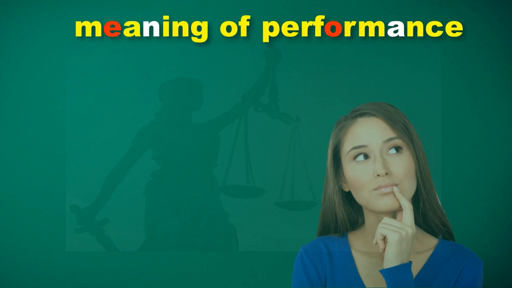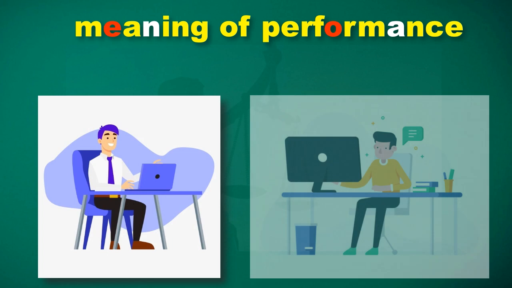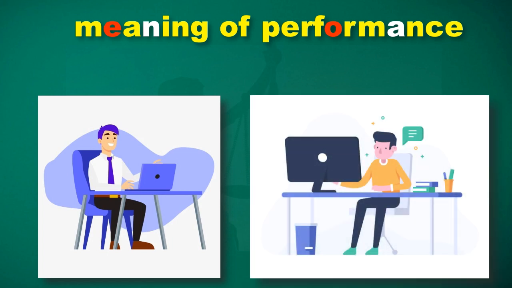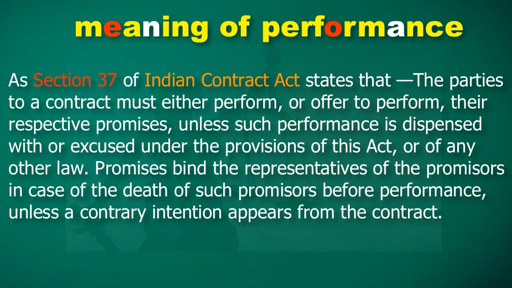What is the meaning of performance? I believe you must have the idea: that is doing your part, and the second part is that the other parties of the contract will do their parts. So that is performance. See what Section 37 of the Indian Contract Act says.